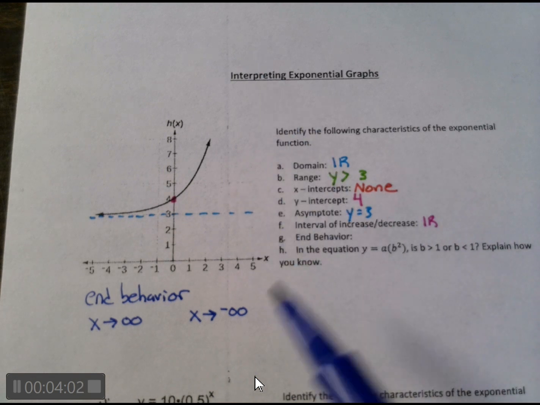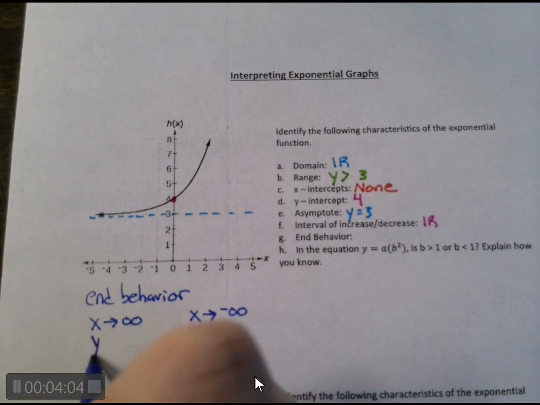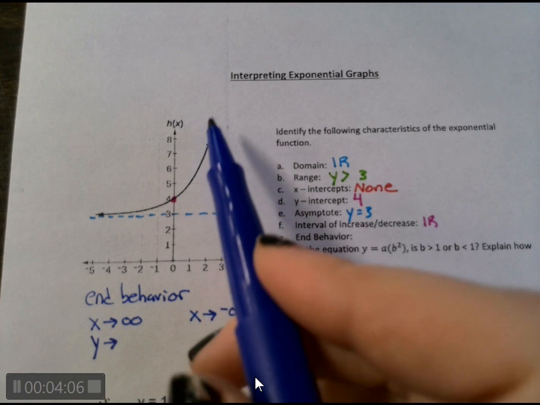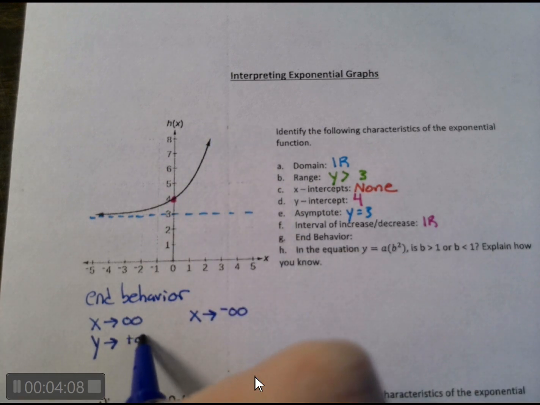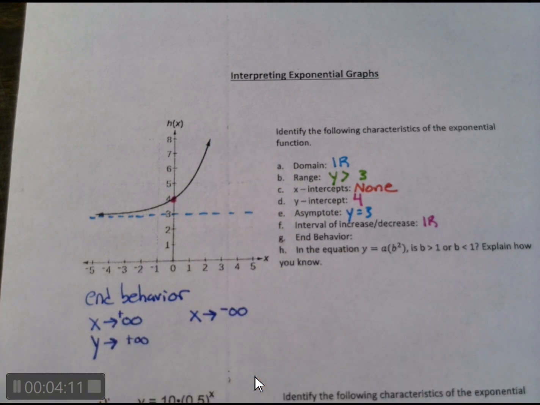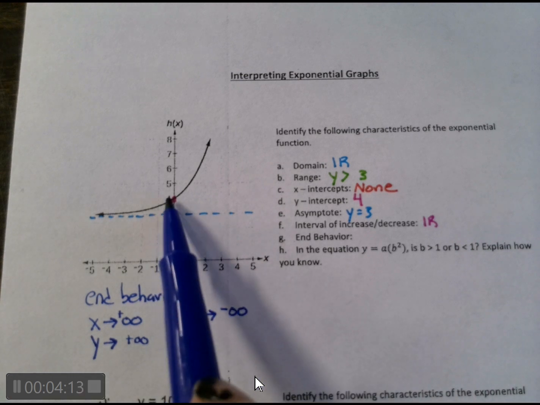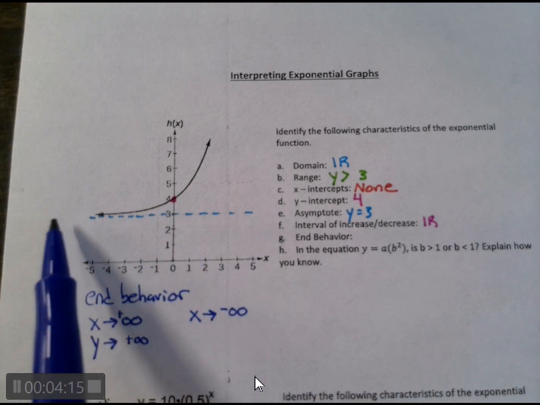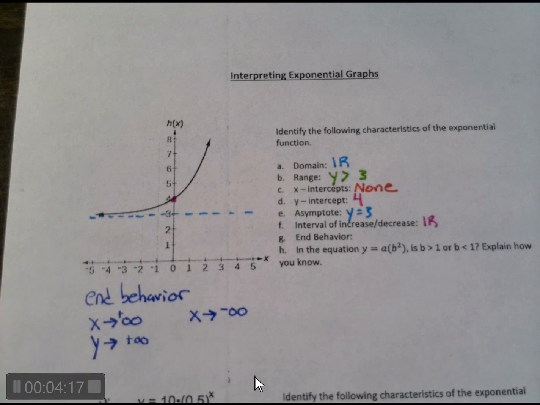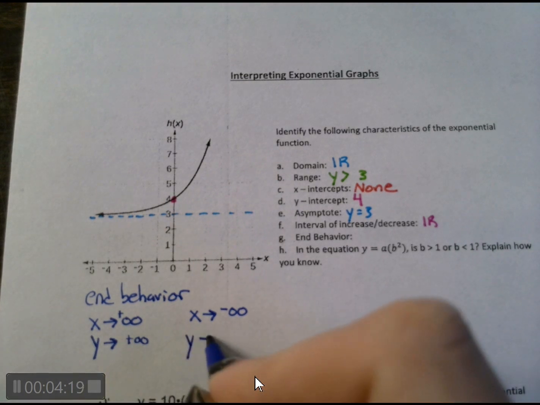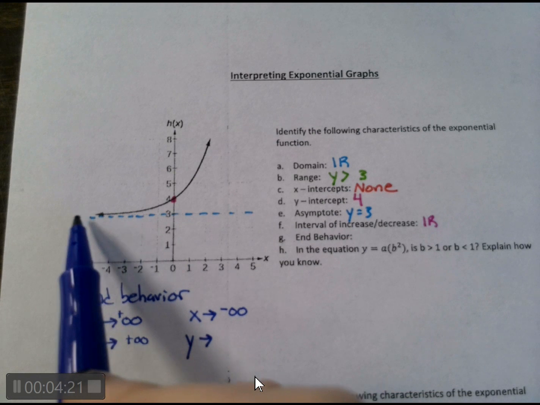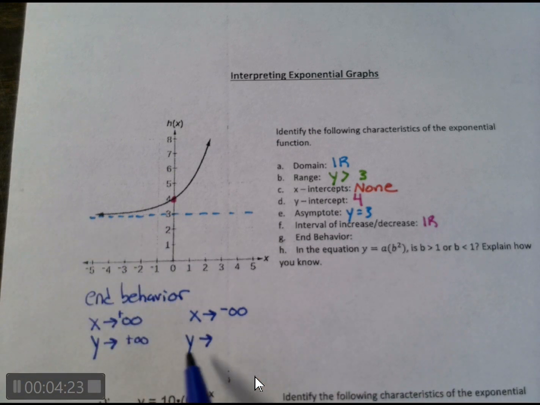They're going up. So y approaches what? Positive infinity. Good. Okay, so then as x approaches negative infinity, where's my y going? Hopefully you said it's going towards our asymptote, but it will never cross it or touch it.